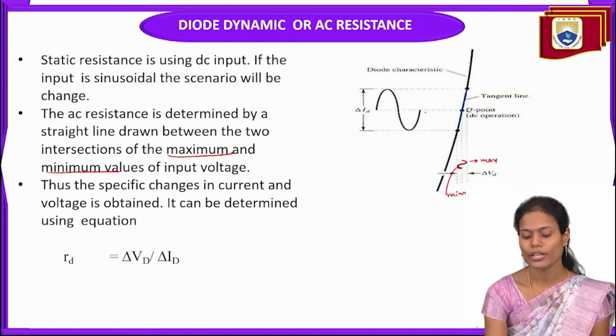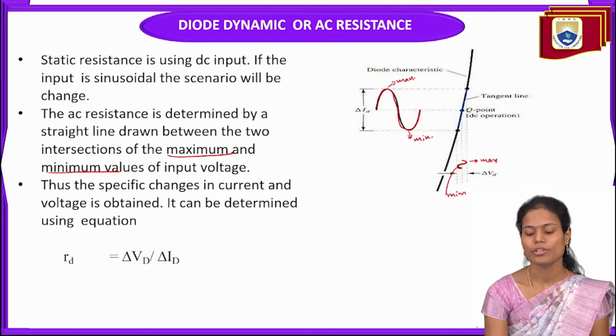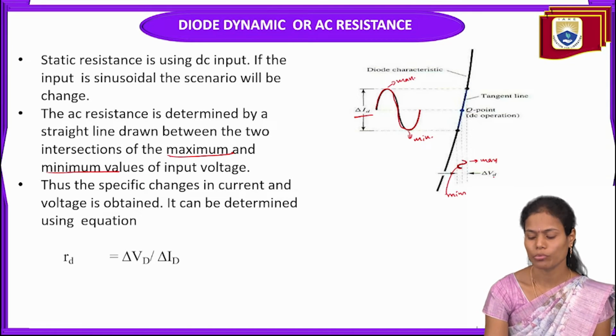And the corresponding output current we are indicating like this. This is the maximum current value and this is the minimum current value here. The difference between this maximum and minimum value will give the del ID value, and the difference between the maximum voltage and minimum voltage will give the del VD value.